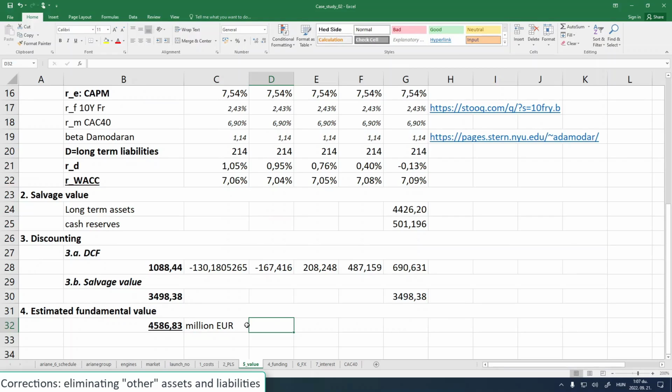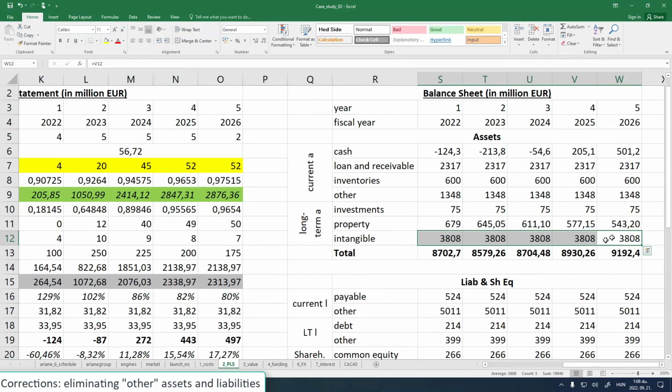At least in my setup, obviously yours will be different, it was 4.5 billion euros. And we can say that this is not the result of making a lot of cash. This is the result of having a lot of intangible goods. So if we would eliminate this, then it would be reduced drastically. So intangible is the 12.